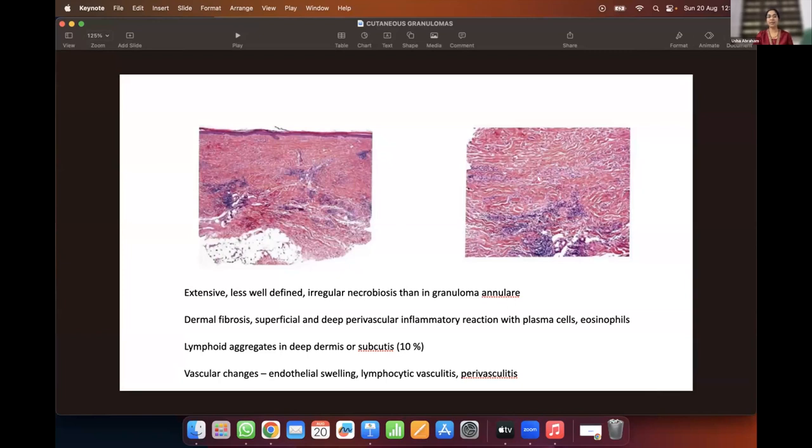In this picture, we are seeing that in multiple areas, you can see involvement by the inflammatory cells with surrounding dermal fibrosis. You can also see endothelial swelling within the blood vessels and sometimes even vasculitis. So that is seen in necrobiosis lipoidica.